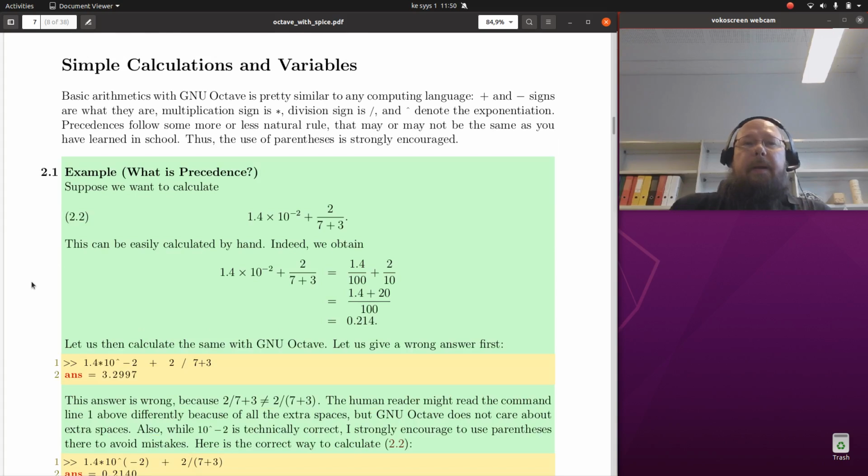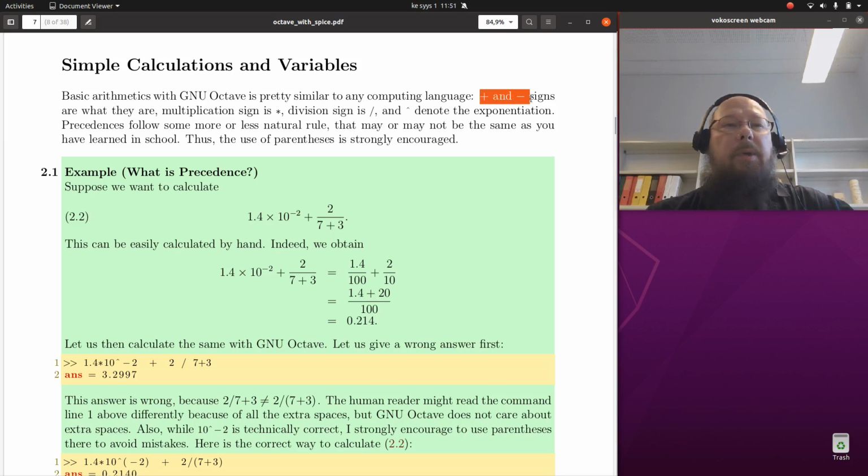So basic arithmetics in GNU Octave is pretty similar to any computing language. I mean, similar to Excel also, I think. So plus and minus signs are what they are, obviously. The multiplication sign is star, and the star has to be given always.